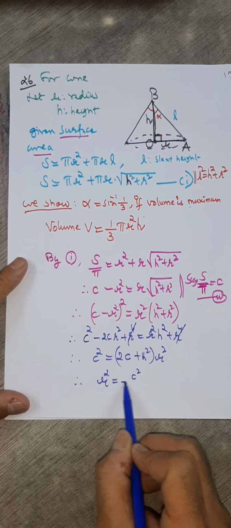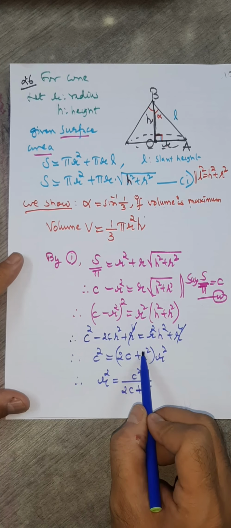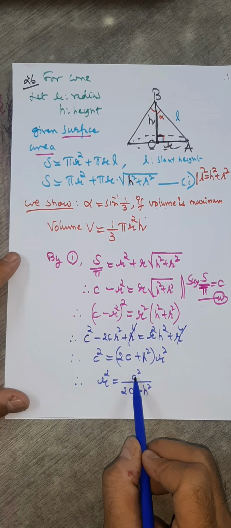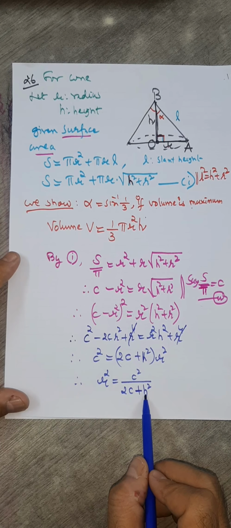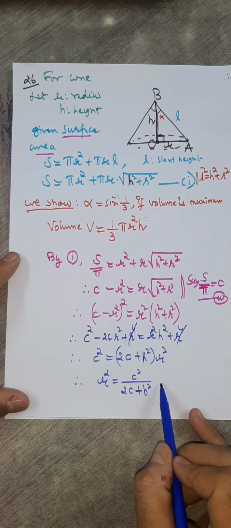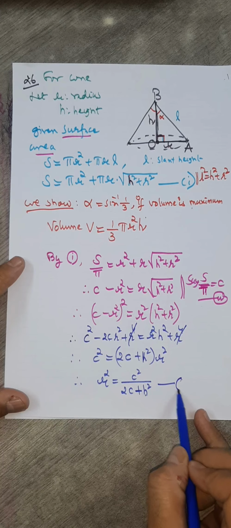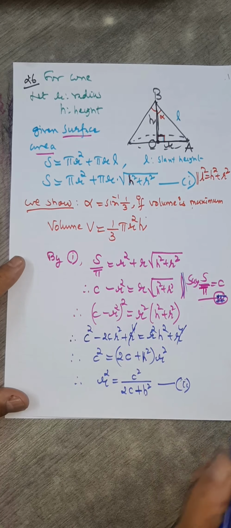That is c squared upon 2c plus h squared. Fine. r squared equals c squared upon h squared plus 2c. What is that c? That's a constant. We use this. Let me call this, for example, 2. Anyway, that's not important. This is 2.